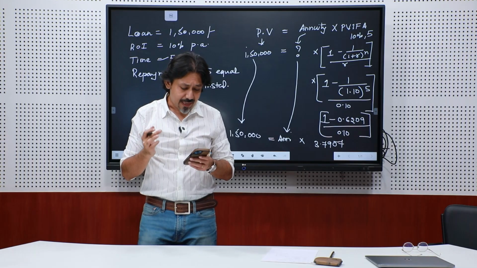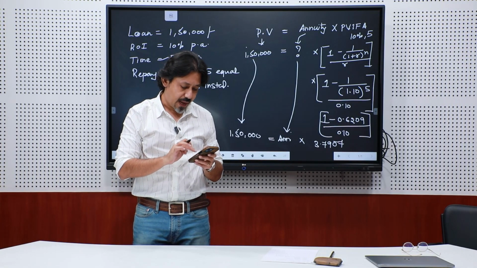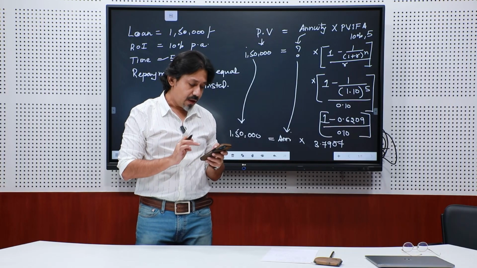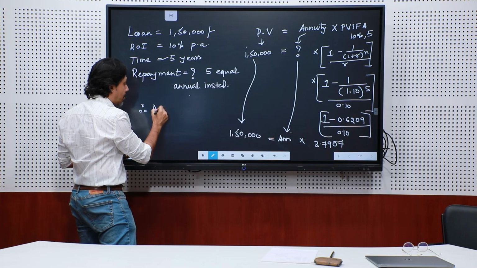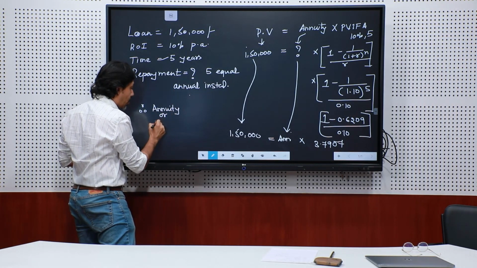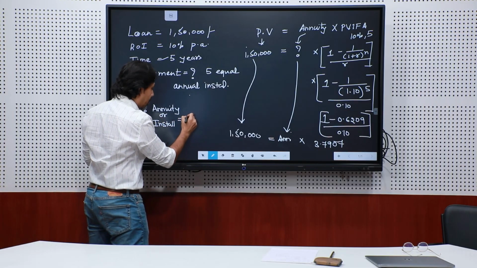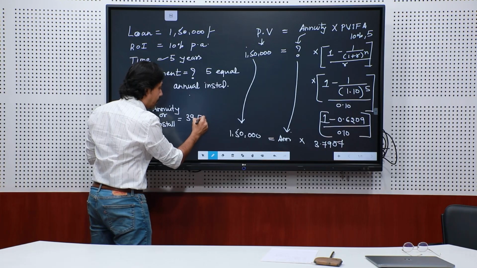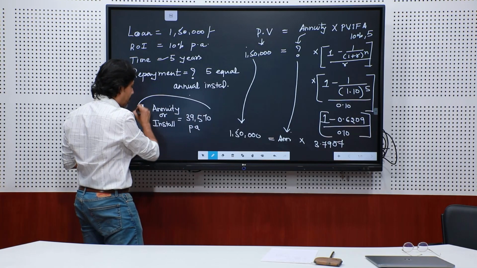It is a simple calculation: 1,50,000 divided by 3.7907. Therefore, your annuity, also called your installment, will come to 39,570 per annum.